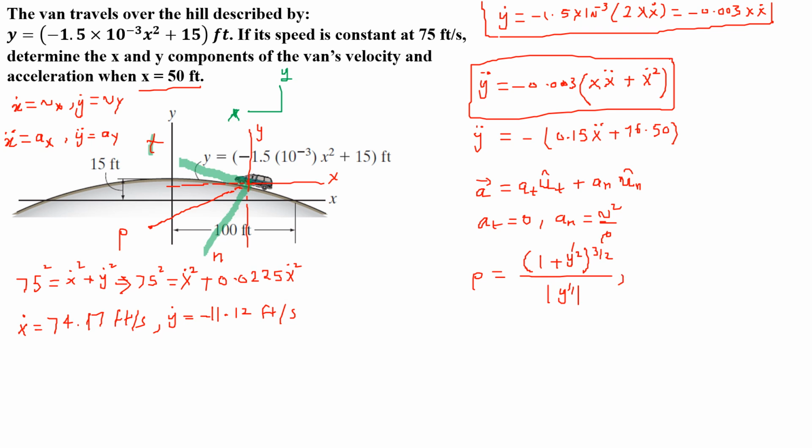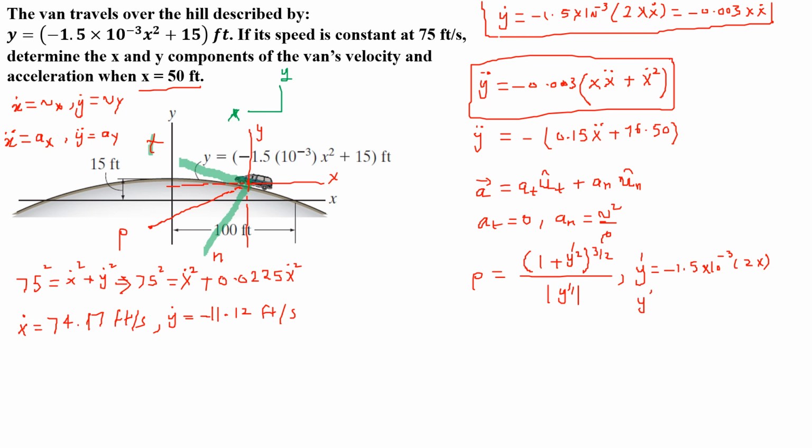Earlier I found y dot, but now y prime, just with respect to x, will be negative 1.5 times 10 to the power negative 3, times 2x. There's no x dot here, because this is simply the derivative with respect to position, not time.